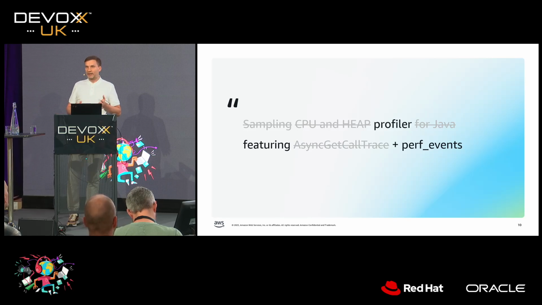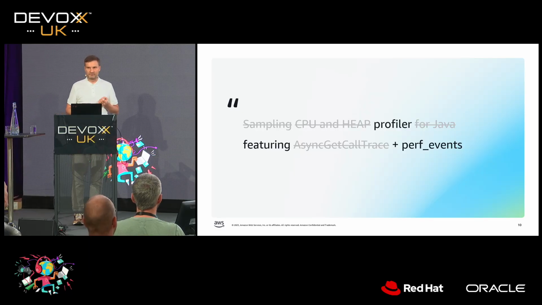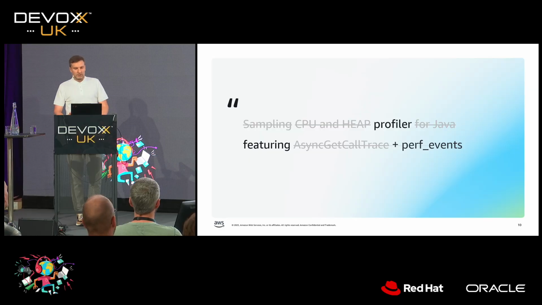Historically, Async-profiler relied on the internal JVM function, AsyncGetCallTrace, to get Java stack traces. And the project even got its name after this function. However, Async-profiler is now phasing out usage of AsyncGetCallTrace in favor of its own stack walking mechanism because of stability issues with AsyncGetCallTrace.